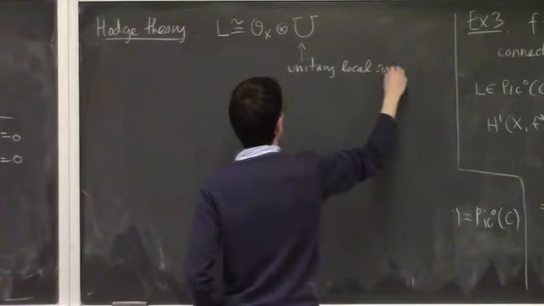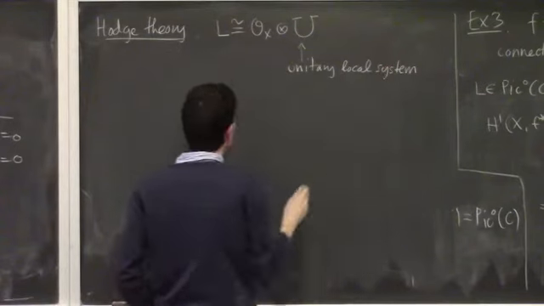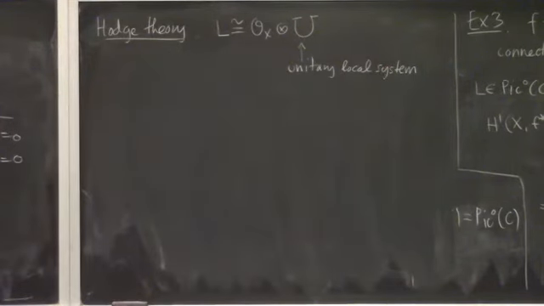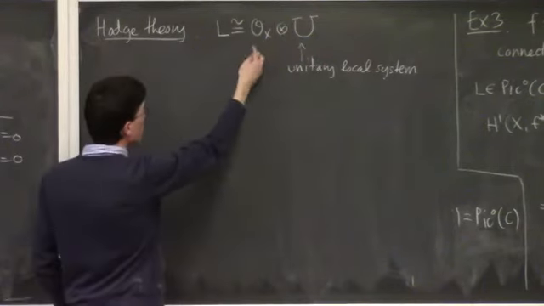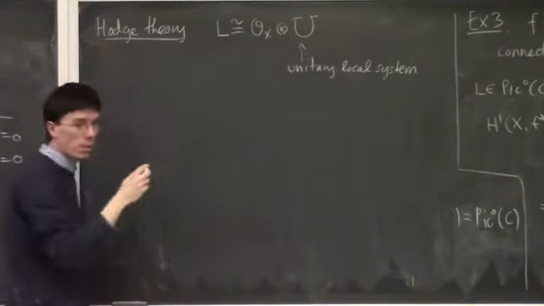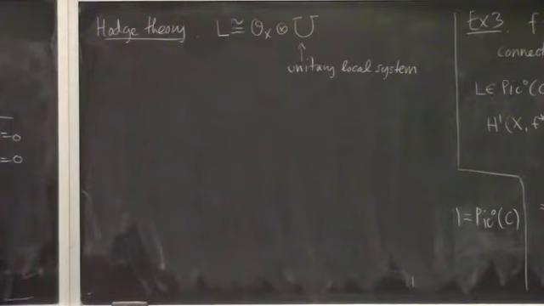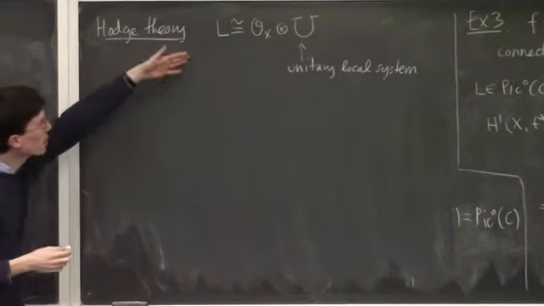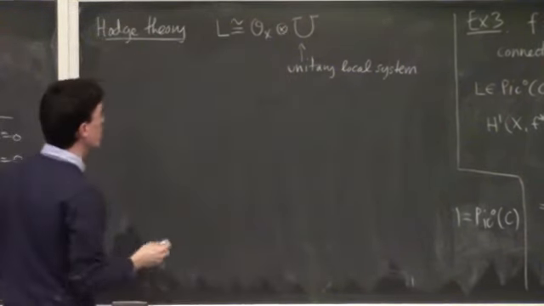So it's a flat line bundle with a structure. It's a flat line bundle with a metric on it, and the metric allows you to reduce the structure group to unitary form. Right? So a special case would be if I took the constant local system, I would just get the trivial bundle. Right? In that case, you have Hodge theory for the constant sheaf, but in fact, you still have it in this setting as long as you have the flat bundle with the metric.